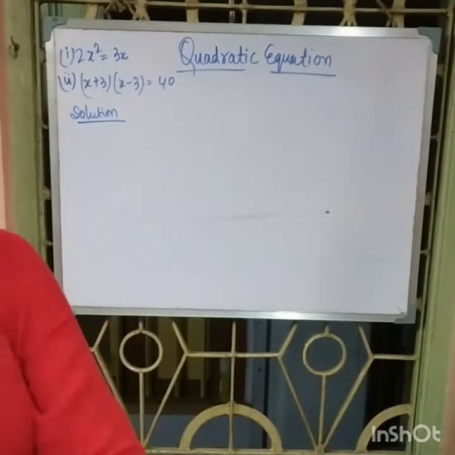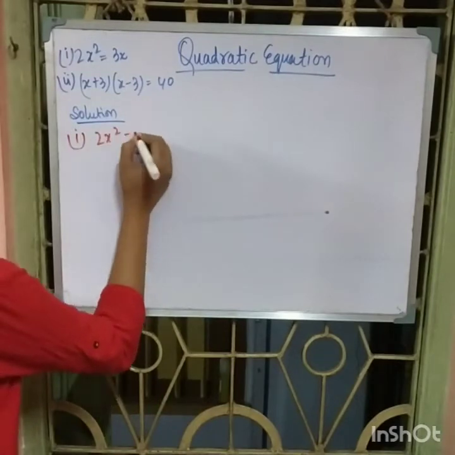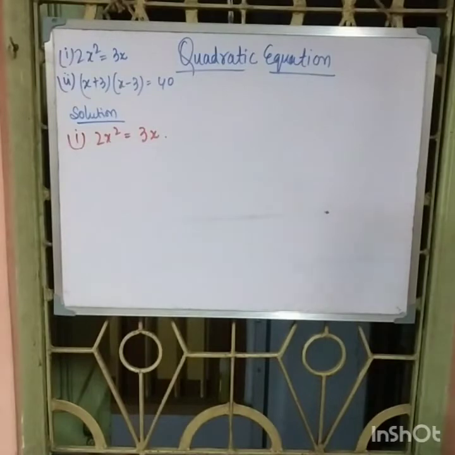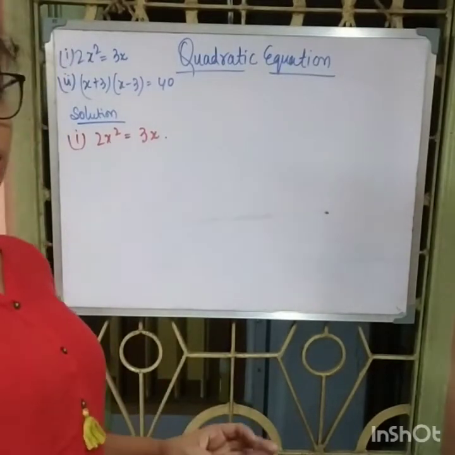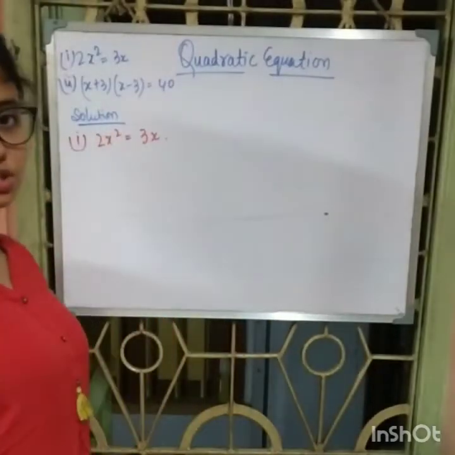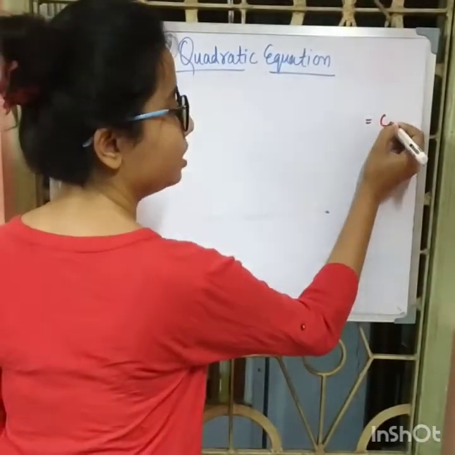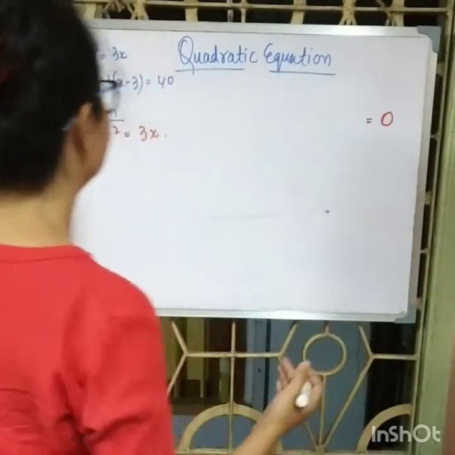So the first question is 2x square is equal to 3x. Okay. How to solve this? Remember, every time we need to arrange the equation in such a manner that there will be a 0 on the right side of the equals sign.